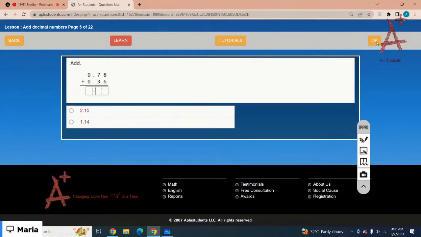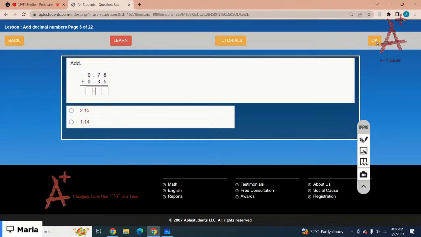Okay, the next one is you have to add 0.78 plus 0.36. So which is the correct option? You have to start from the rightmost digit. 8 plus 6 is 14.